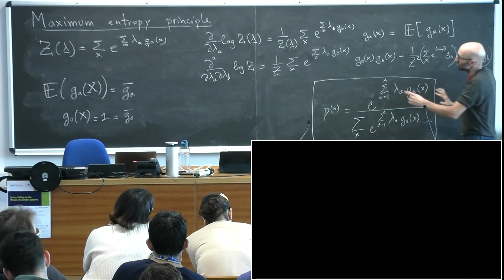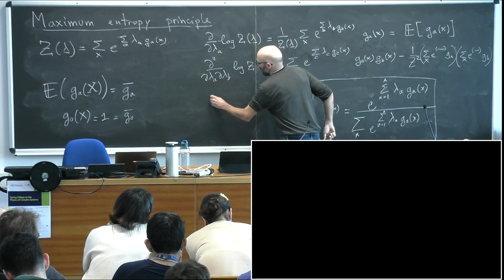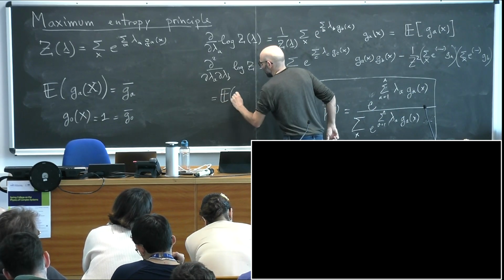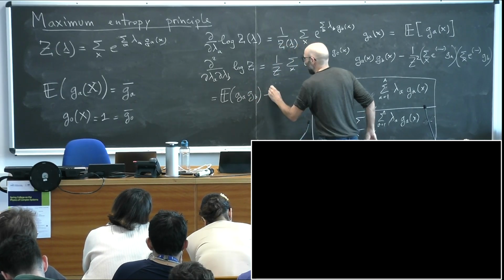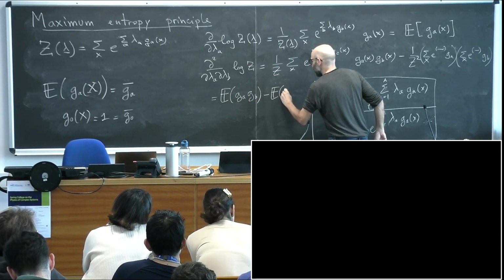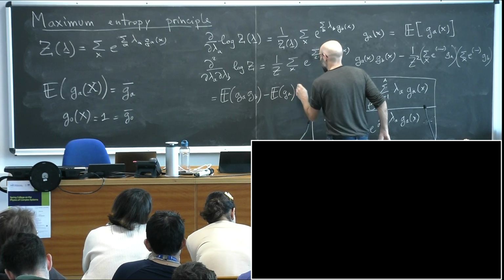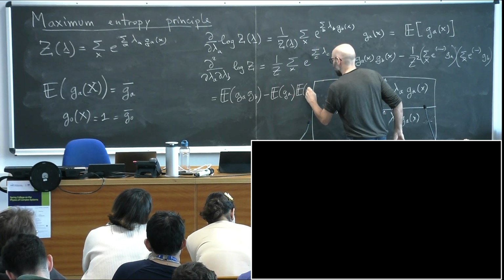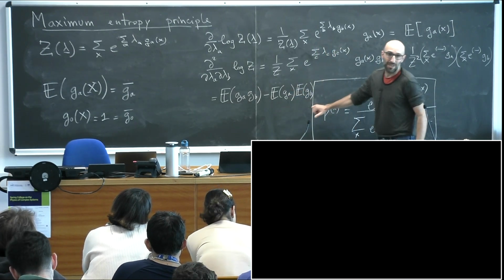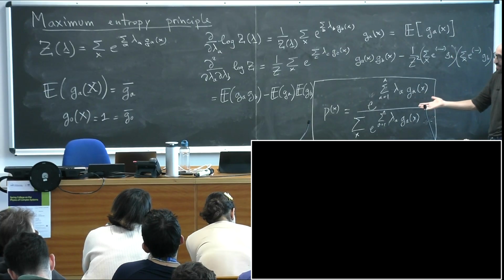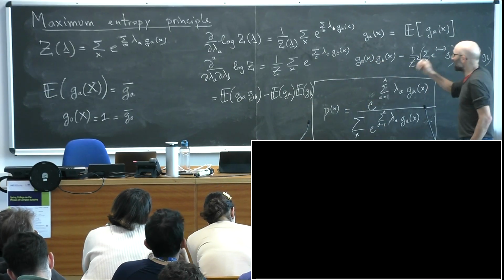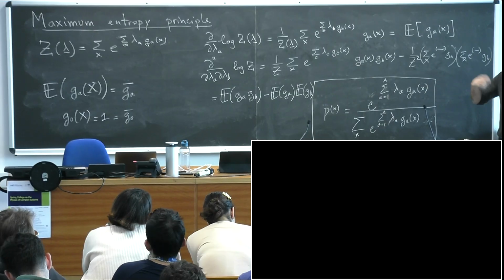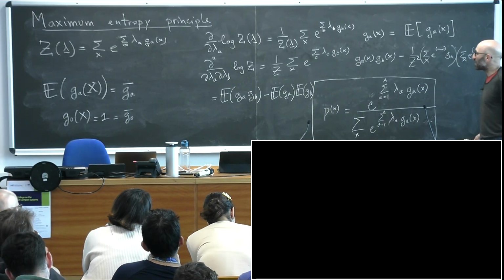So this second derivative is going to be the expectation of g_a g_b minus the product of the expectations of g_a times g_b. So it's the covariance of g_a and g_b. And if you keep taking derivatives, you will generate all the cumulants of the g.